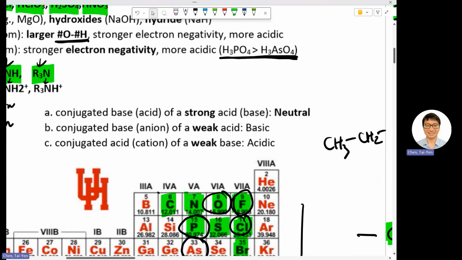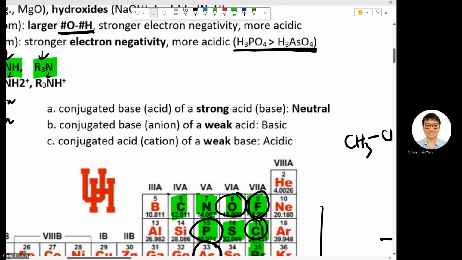A few things you should know. If you have a cation or anion that is part of a strong acid or strong base, that is, the conjugate base of a strong acid or the conjugate acid of a strong base, those ions are neutral.